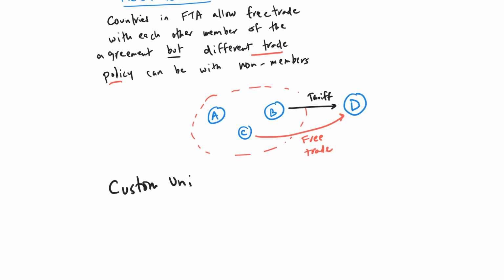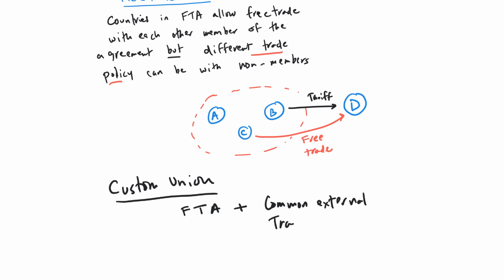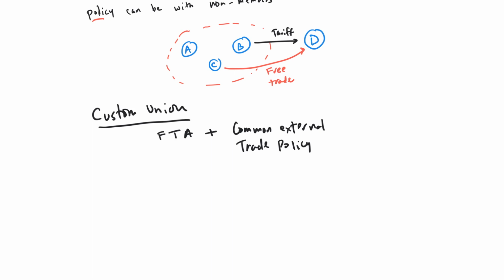Then after free trade area comes your customs union. In a customs union, basically it's free trade area plus a common external trade policy. So for example, if I have countries that are part of a customs union, let's say country A, country B, and country C. Now they're part of a customs union. I'm going to make a line like this.